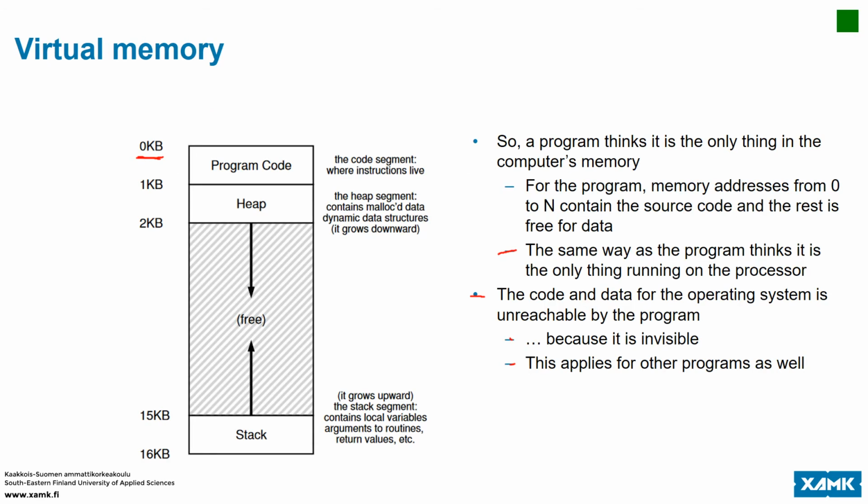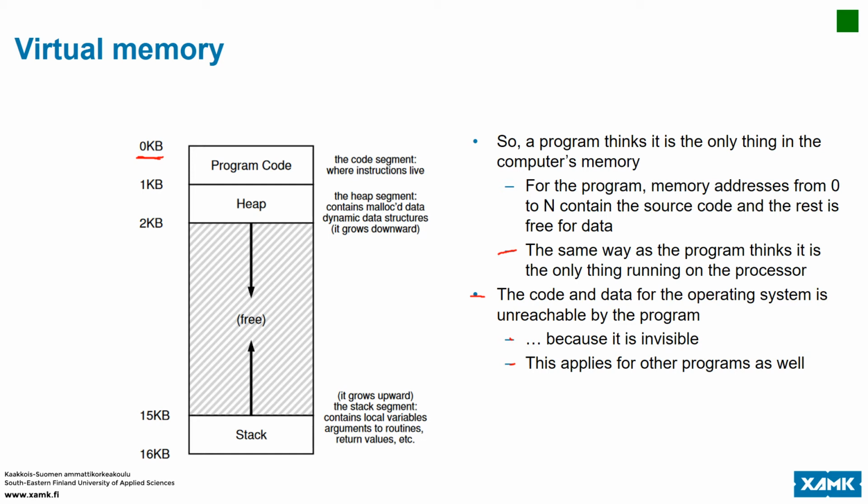What a single program or single process sees is something like this, where they see their program code starting from the beginning of the memory segment. And you will remember in the previous picture, which looked the same, we had the operating system code at the beginning of the memory segment.